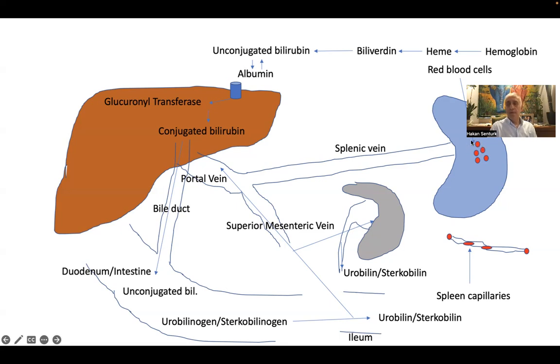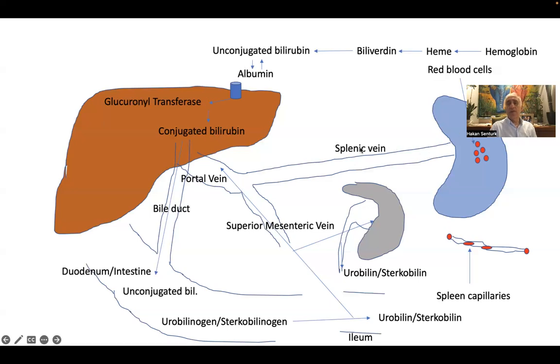It may happen in some types of red blood cell abnormalities, like hereditary spherocytosis, in which the erythrocyte membrane is more rigid than usual. So it can be destroyed in the spleen before they complete their life cycle. So there is excessive destruction. This is called hemolysis.